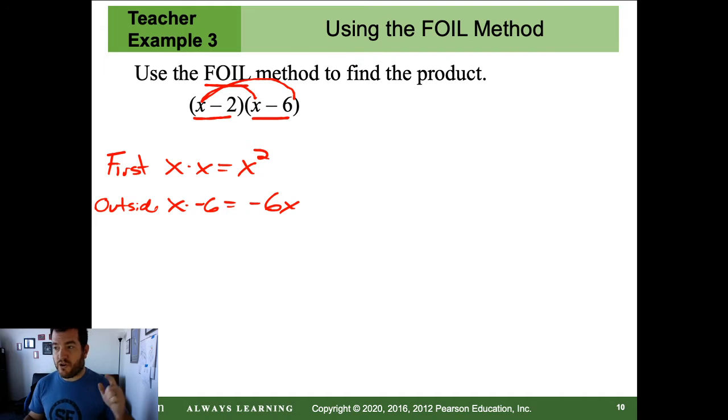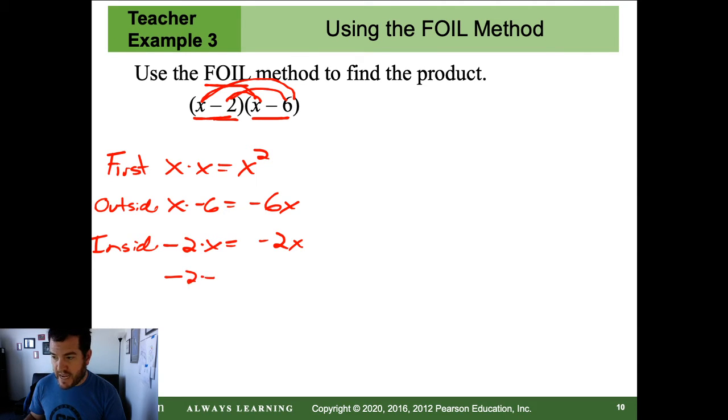So we're basically distributing this x to there, and then that x to there. The next time, we're going to take the negative 2 and multiply it times the x, which gives you negative 2x, which is your insides. And then you're going to do negative 2 times negative 6, and remember, a negative times a negative is always a positive 12. So that is your last.